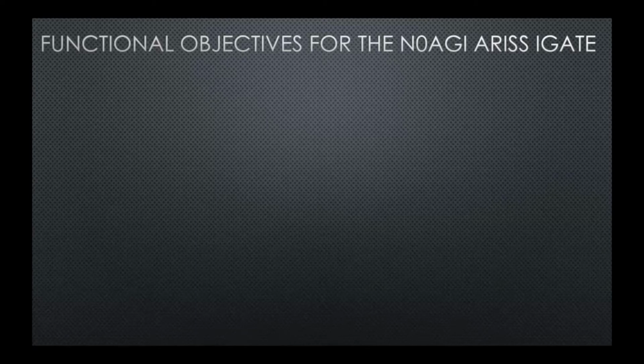So what are some of the functional objectives for the N0AGI's ISS IGATE? Because that's going to help define which functions to enable versus not based on the objectives I want to accomplish.